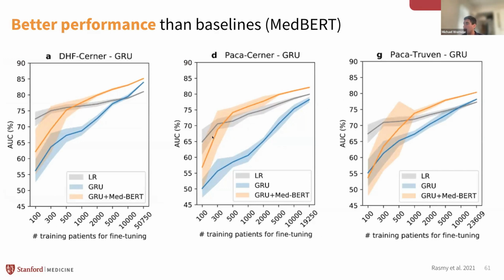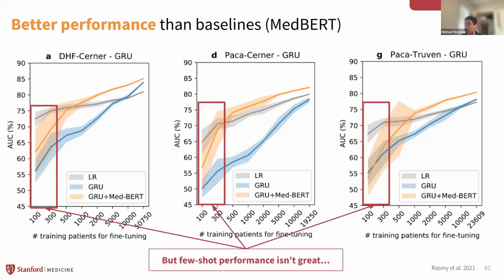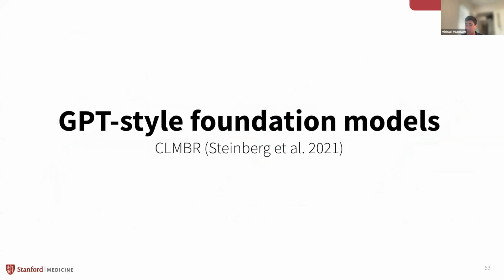The trend here is that the MedBERT model in orange consistently outperforms both of the baselines across a wide range of data set sizes. Interestingly, though, the few-shot performance isn't that great, but I'll revisit how we can boost the few-shot performance of these foundation models later in the talk. So that is the BERT-style models.